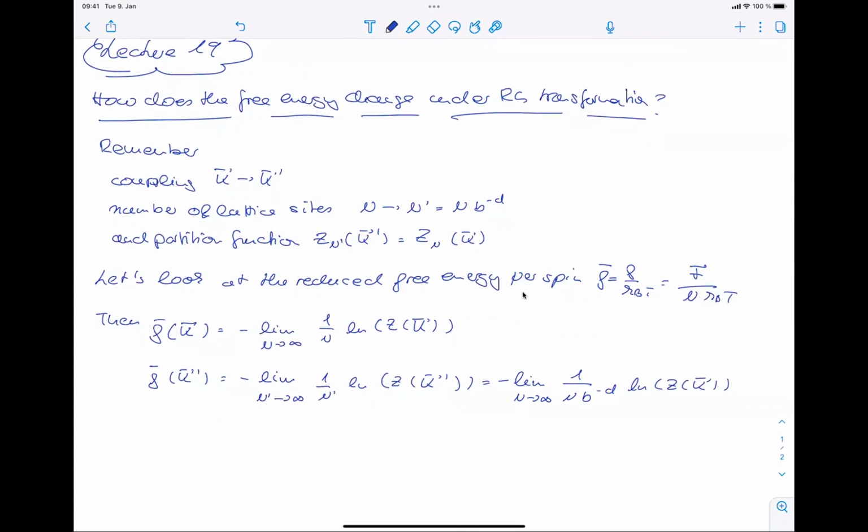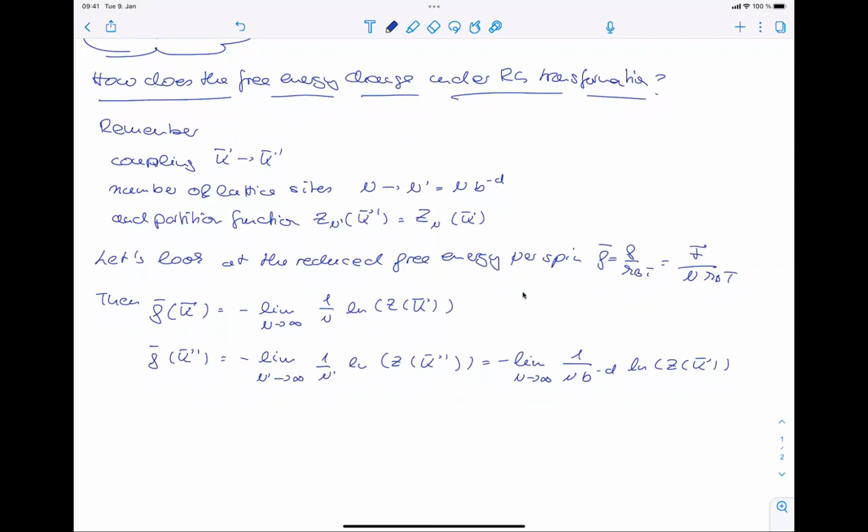And so if we now compare this to that, we see that the only difference is the scaling factor b to the power of d, in which the non-transformed free energy per spin and the transformed free energy per spin differ.